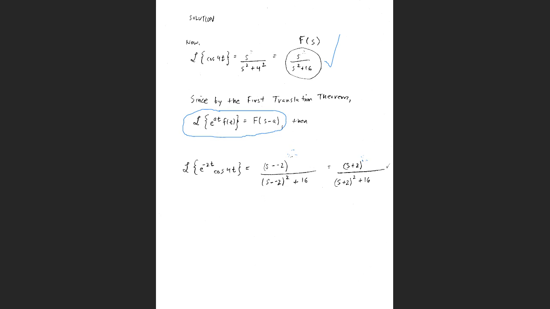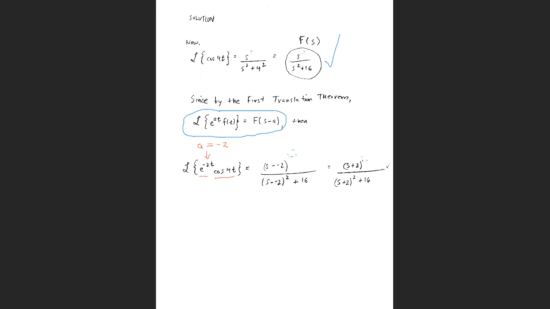Well, by the first translation theorem, the Laplace transform of e to the negative 2t times the cosine of 4t, well, the a here is equal to negative 2. A equals negative 2.